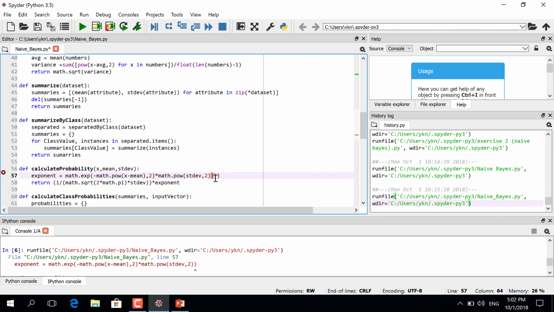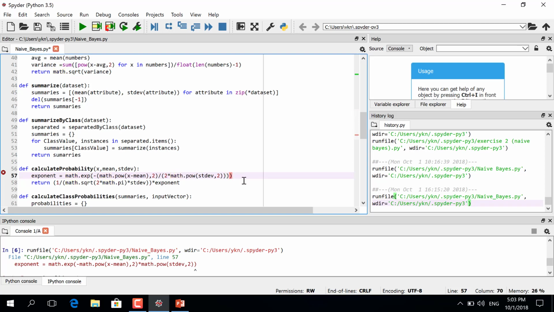Okay, let's see. Math exponent. Exactly, we should put here another map, just to tell that this value is a single value, and we have to put here, sorry, exponent, divided by 2 times math power.